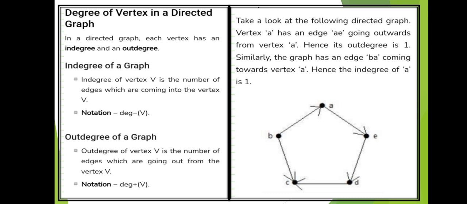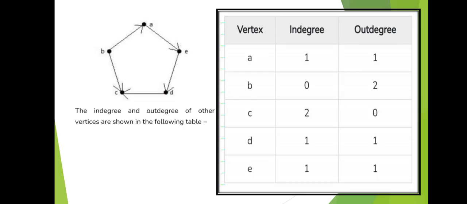So take a look at the following directed graph. Vertex A has an edge AE going outwards from vertex A, hence its out-degree is 1. Similarly, the graph has an edge BA coming towards vertex A, hence the in-degree of A is 1. Now here we see that the in-degree and the out-degree of the other vertices are also shown in this figure.